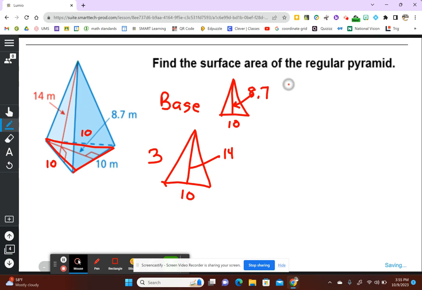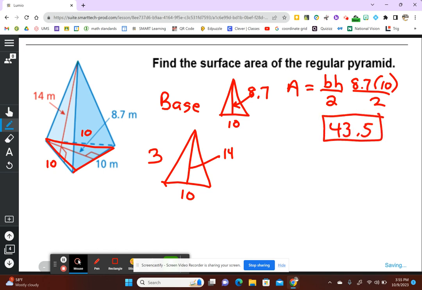So the area of this base, area equals base times height divided by 2, 8.7 times 10 divided by 2. So that's 87 divided by 2, which is 43.5.